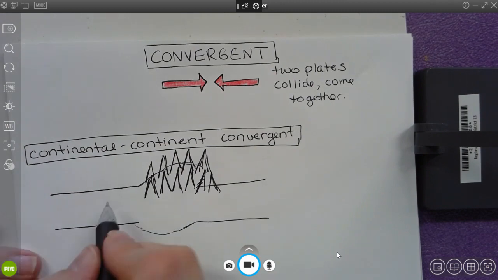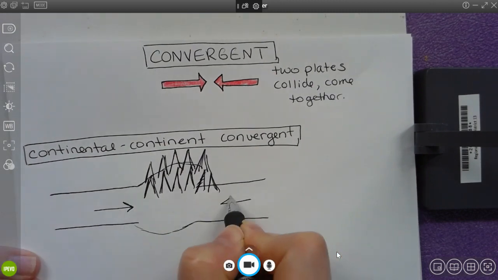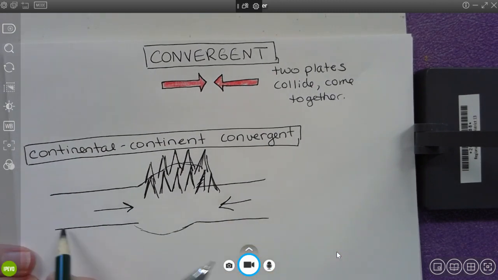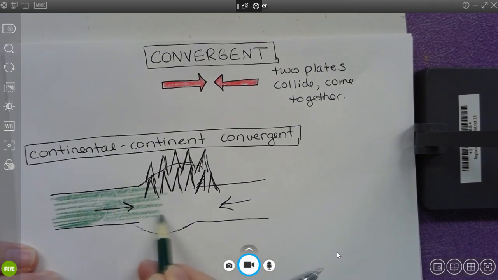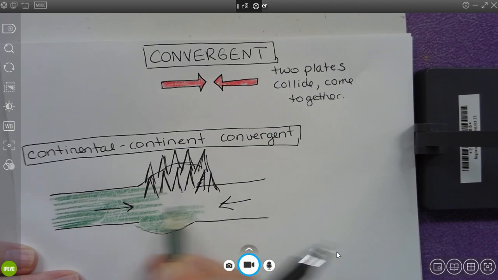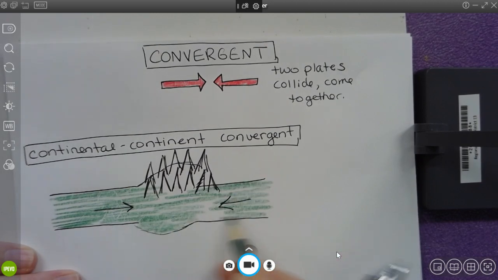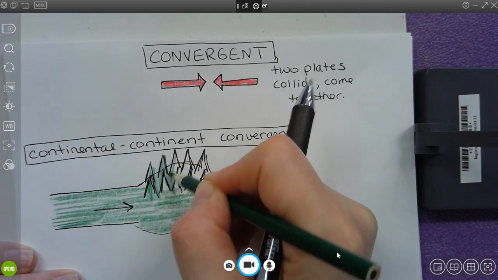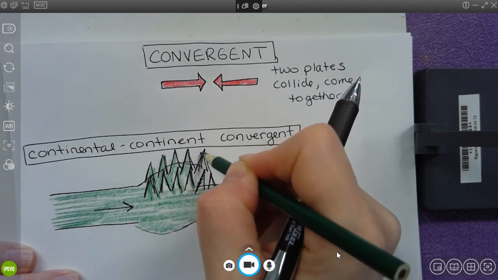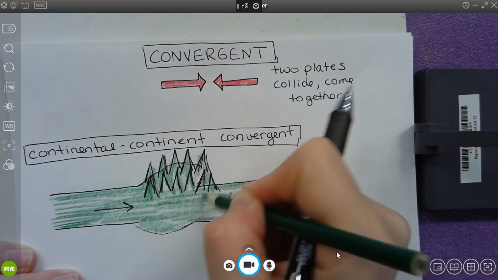The plates are moving this way. And I have continental plate for me is green. I'm just going to shade that in quick. All right. That's good.